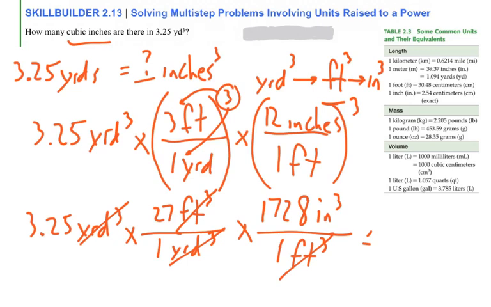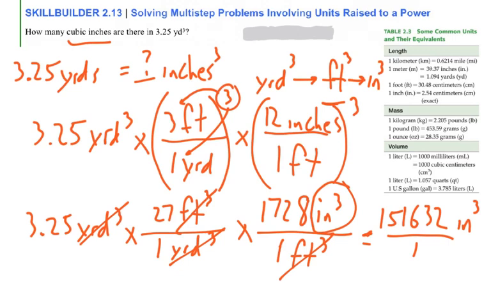Then multiply it by 1,728. So you're basically multiplying the three numerators. And you're going to get 151,632. And of course, the units are inches cubed. Notice it's the only thing that didn't get canceled. At the bottom is just 1 times 1. So basically, you're dividing by 1, which is just the numerator.